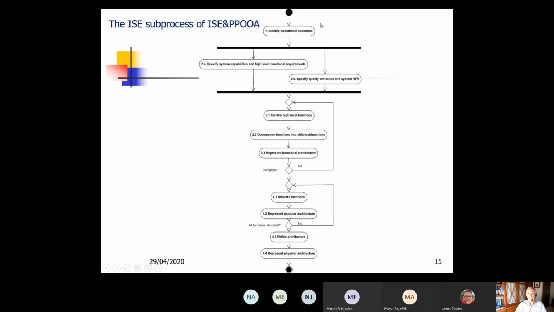Some use cases may be sunny day use cases, but other use cases are what people call misuse cases. For example, the use cases related with safety issues and security issues are called misuse cases.